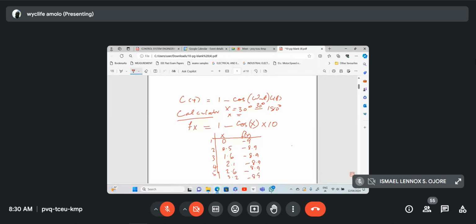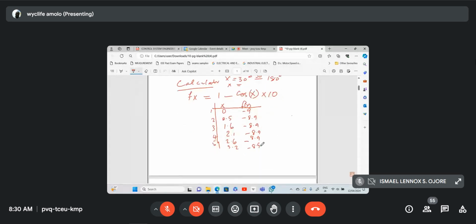So if you draw a curve, maybe 0, 0.5, 1.6, 2.1, 2.6, I'm just writing for the sake of it, but it's always good to have a scale.